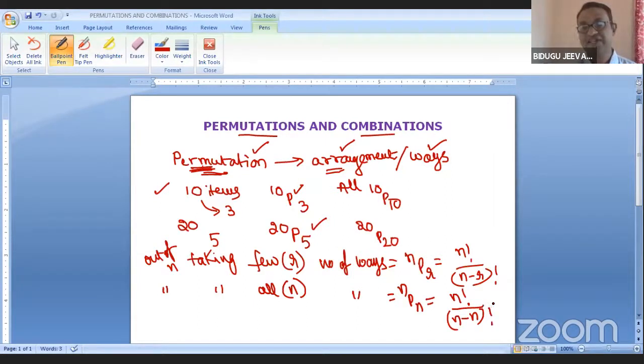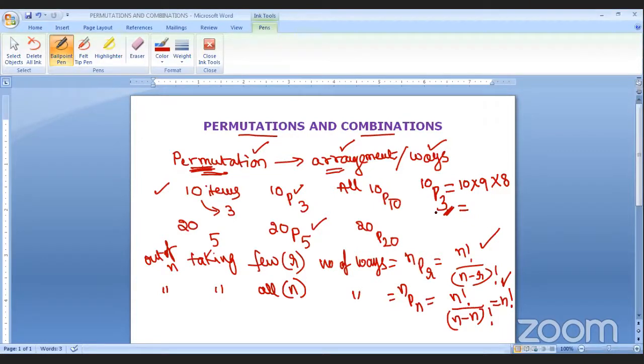It is absolutely n factorial because 0 factorial is nothing but 1. Now remember these two rules, but you cannot make use of the rule for simple simplification. For example, 10P3 should not use the formula. 3 is there in the bottom, so 10 can be reduced 3 times. That's all. Following? Yes, all of you? Yes, sir.